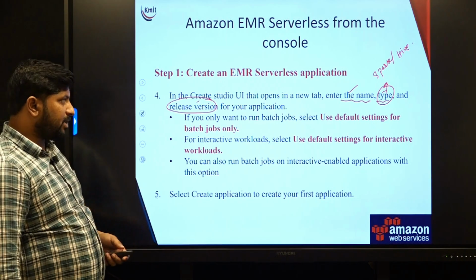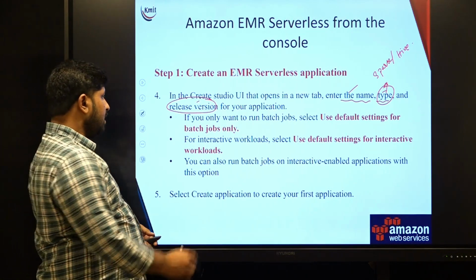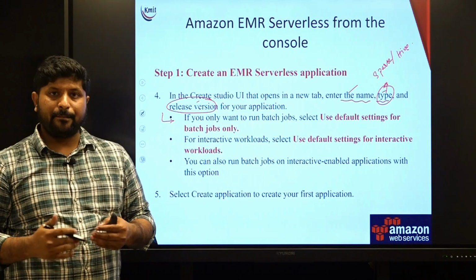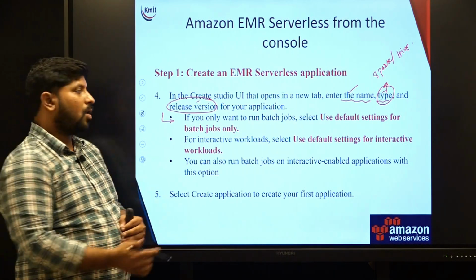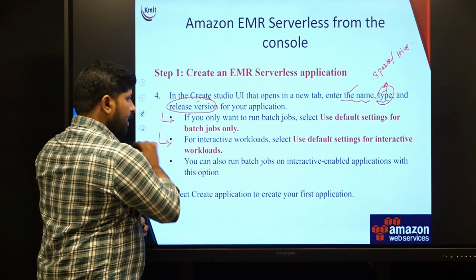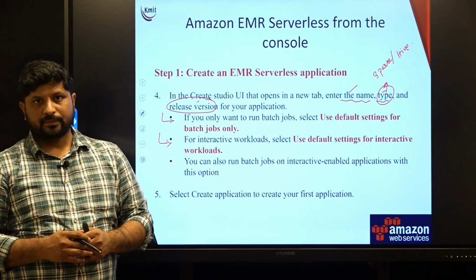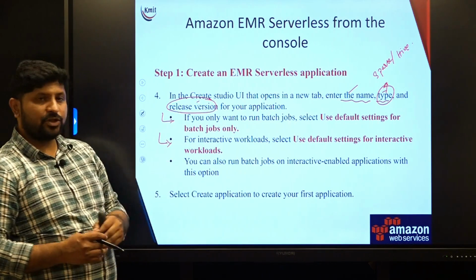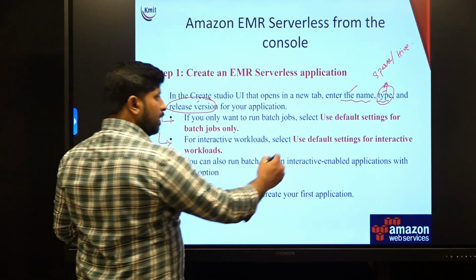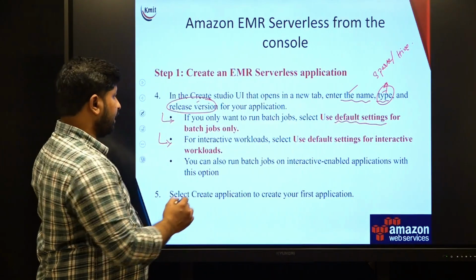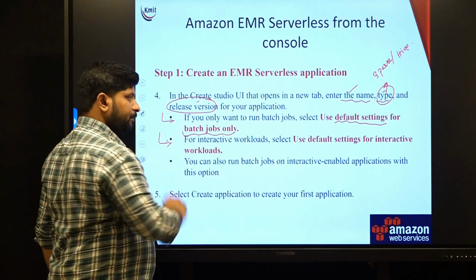Once you have mentioned those things, then it will ask you whether you are going to execute batch oriented jobs or interactive jobs, just like real time jobs. If you are going with batch oriented jobs, then you need to select default settings for batch jobs only.